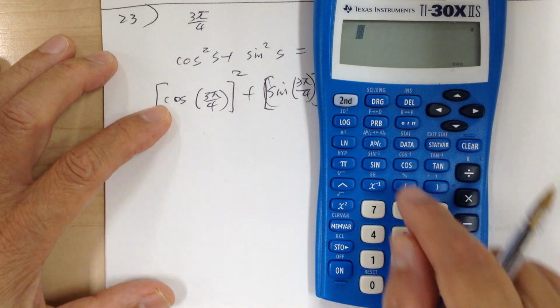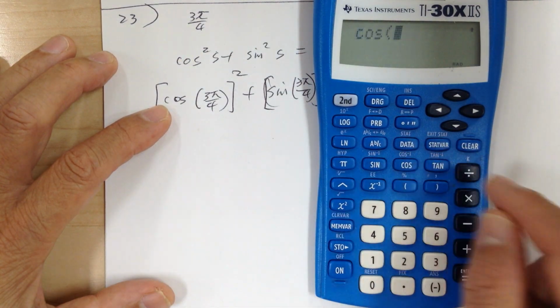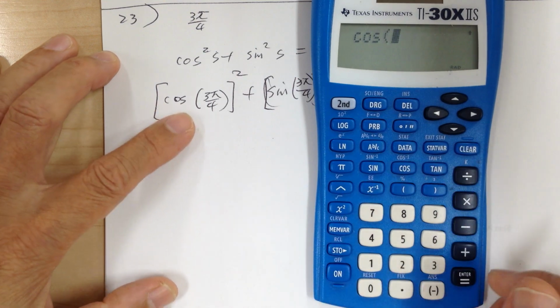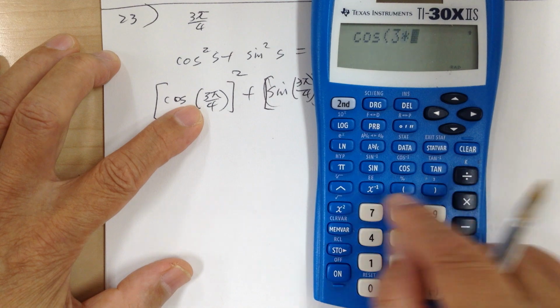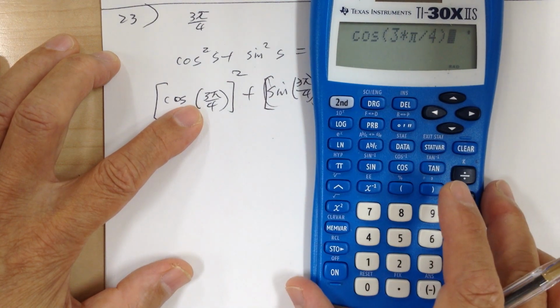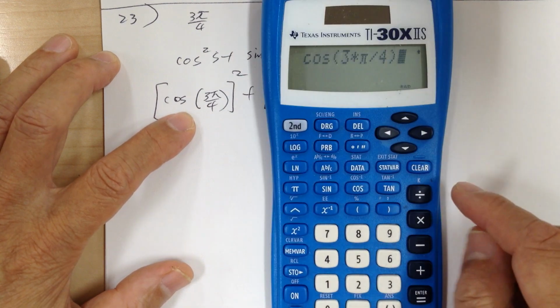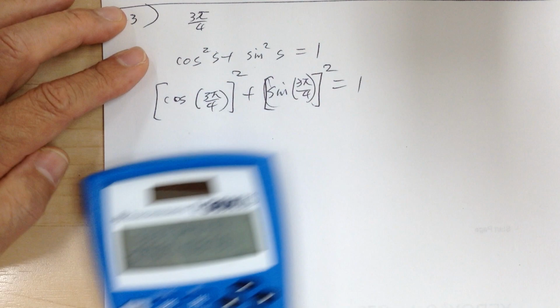So let's work these things out. Cosine of 3 times pi divided by 4, cosine, and then square. Push equal first.